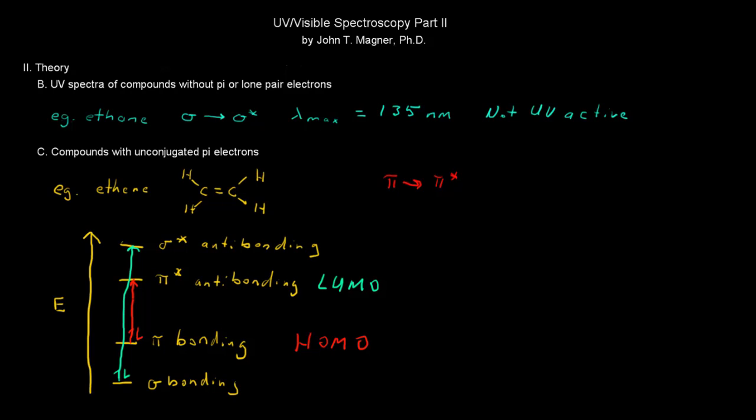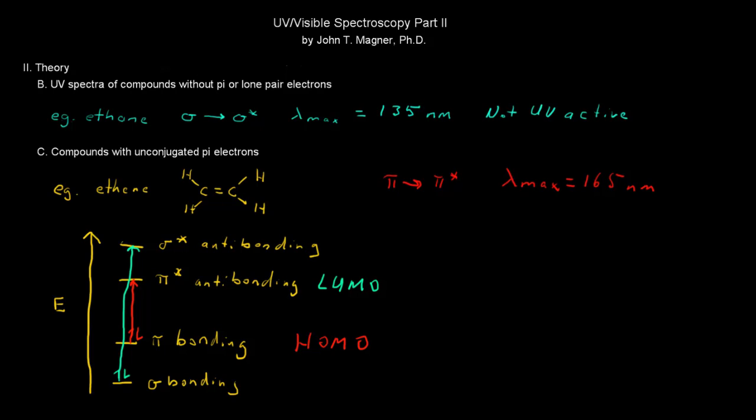And since this energy gap is significantly smaller than the gap we saw for the sigma to sigma star transition, we expect that the lambda max of this transition will be at longer wavelength, and indeed it is. So lambda max for the pi to pi star transition in ethene is 165 nanometers.